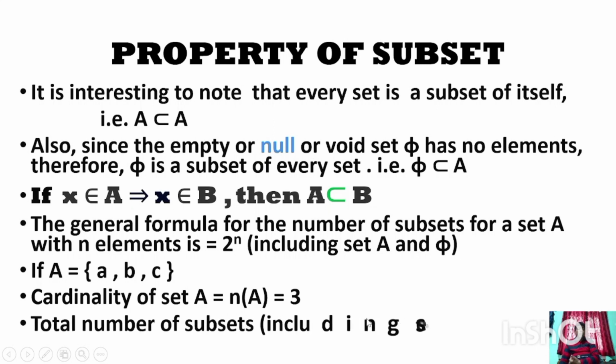So the total number of subsets including the set itself and phi is 2 to the power n, using the formula 2 to the power 3 is equal to 8. Understand? How many subsets a set has, you can determine using the formula 2 to the power n. There is also an interesting derivation of why the total number of subsets of a given set is 2 to the power n. I will discuss it in the next class. This is one of the very important theorems, which I will discuss.